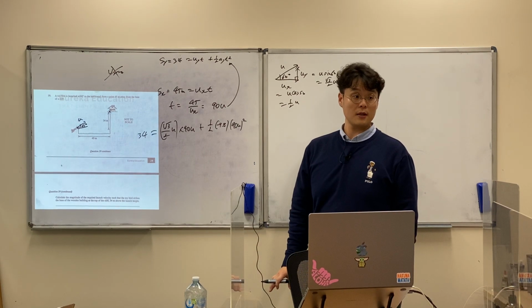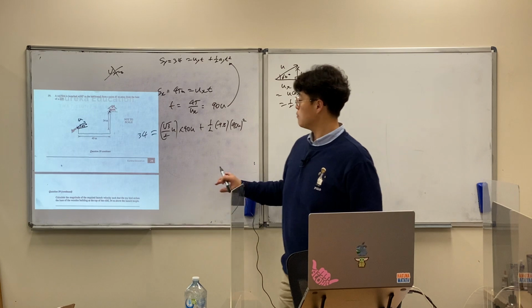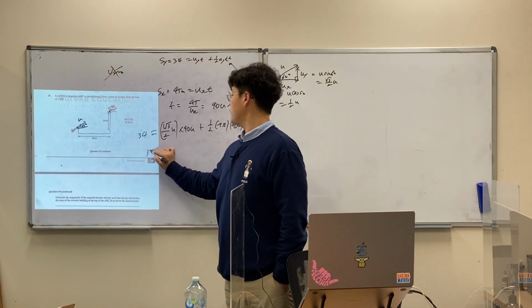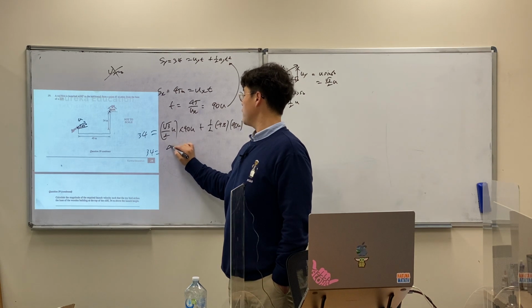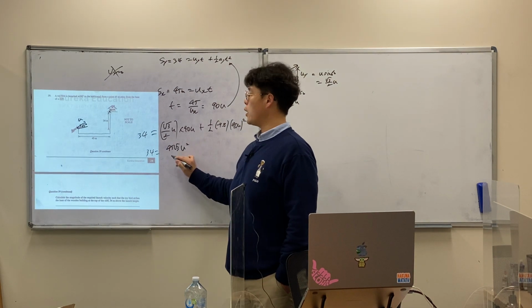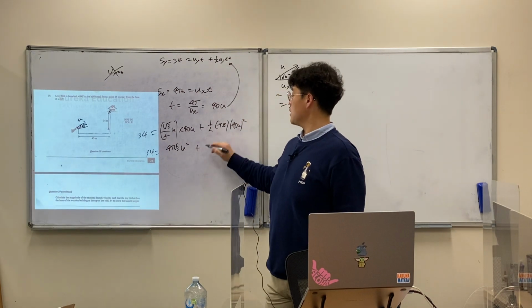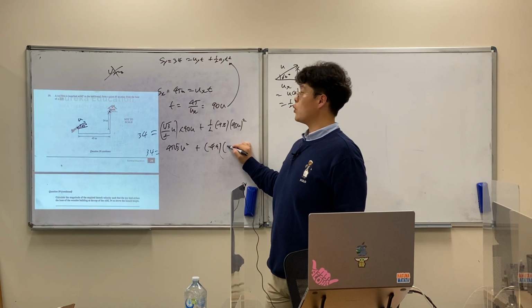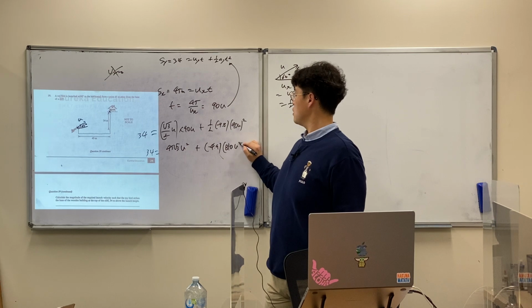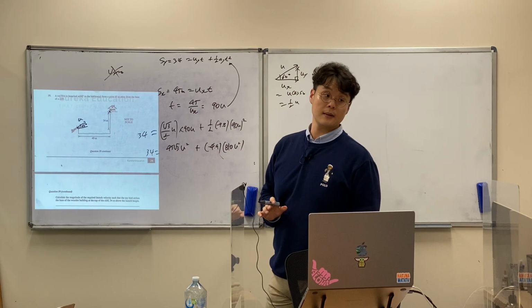Everyone good up to here? Okay. Expand them, then you would get 34 equals 90 over u times root 3 on 2 u, so that'll be 45 root 3, plus that 2 minus 4.9 times 90 squared over u squared, like this.